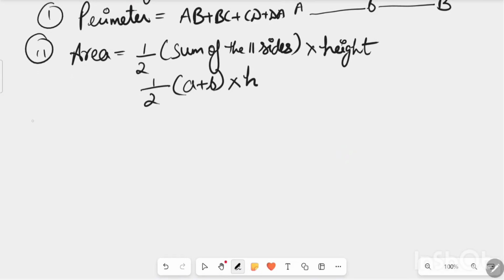Now area of trapezium when the lengths of parallel and non-parallel sides are given.